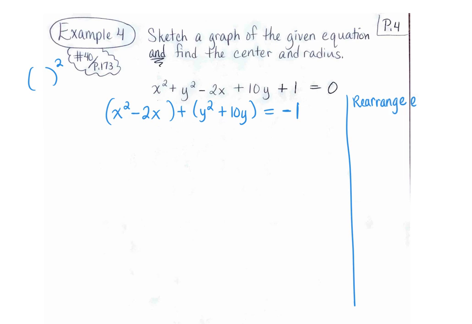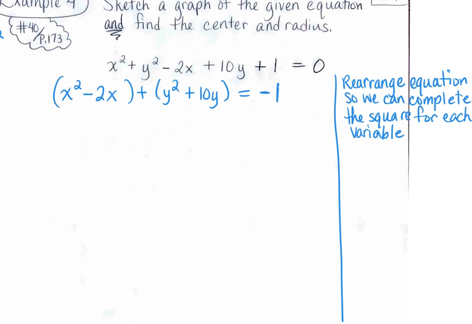So we are rearranging the equation so we can complete the square for each variable. We grouped the x's together, we grouped the y's together, and we subtracted 1 from both sides. So that's the first step.